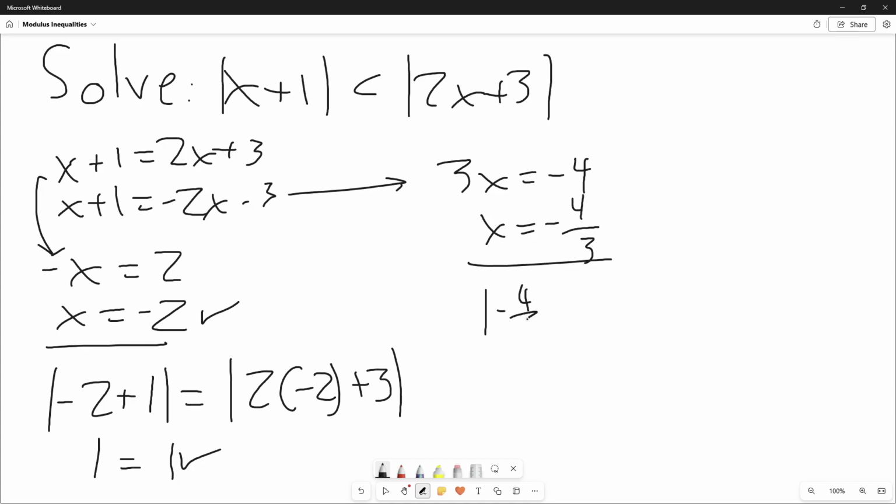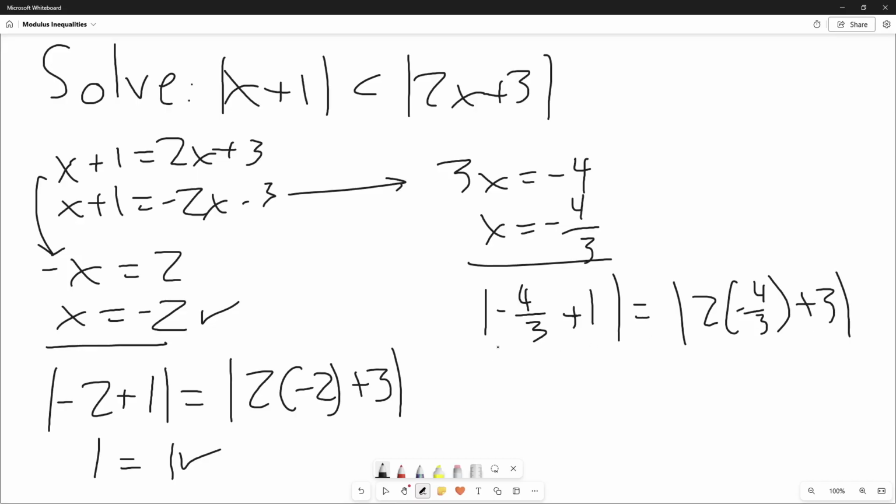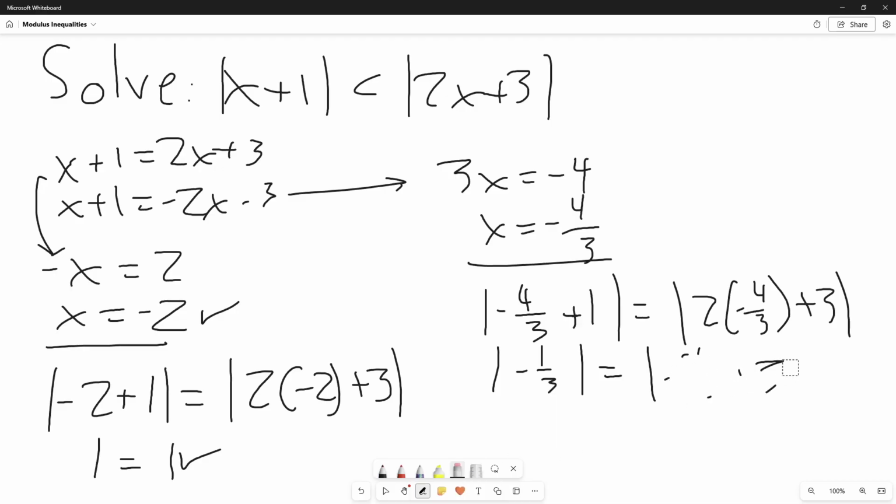So negative 4 thirds plus 1 equals absolute value of 2 times negative 4 thirds plus 3. This turns into absolute value of negative 1 third equals negative 8 thirds plus 3, which is just 1 third. And these are equivalent, so this means both solutions work.